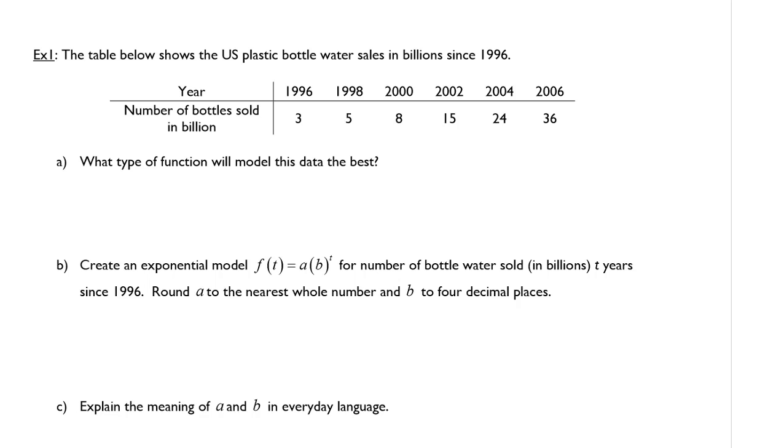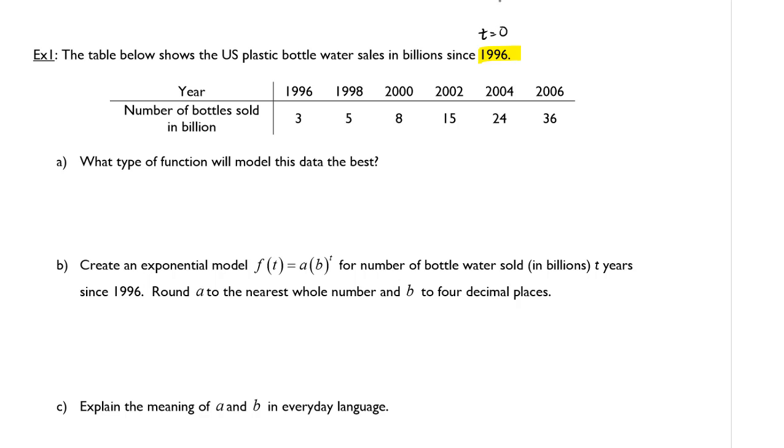We are going to look at some data and try to identify the best model for this data. The table below shows the US plastic bottled water sales in billions since 1996. That's really important, because when it says 1996 here, it implies that 1996 is time equal to 0.